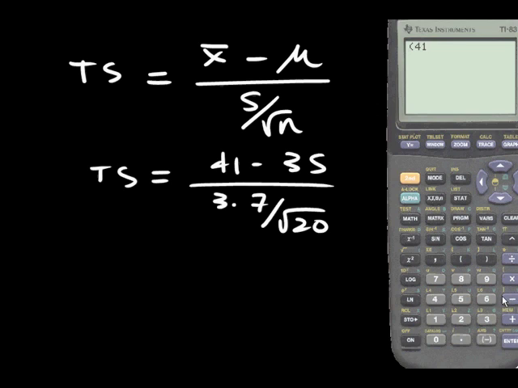I would recommend for the denominator put parentheses. So you'll have 3.7 divided by the square root now of 20.